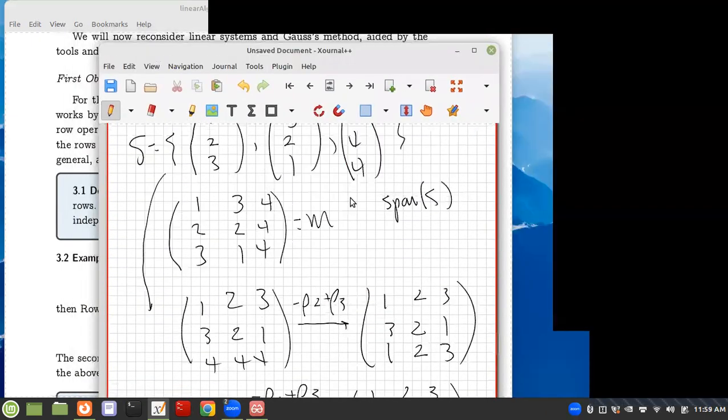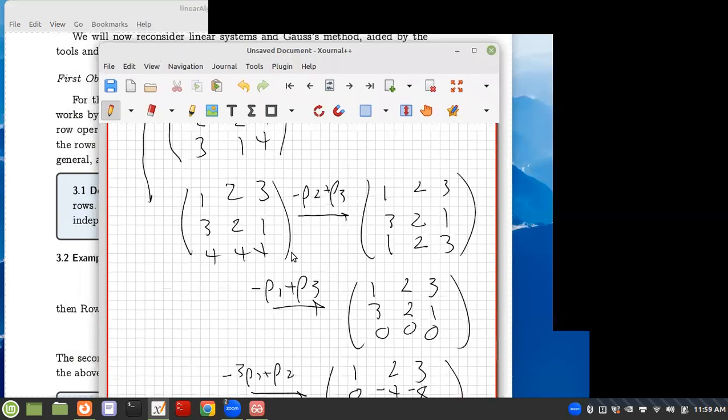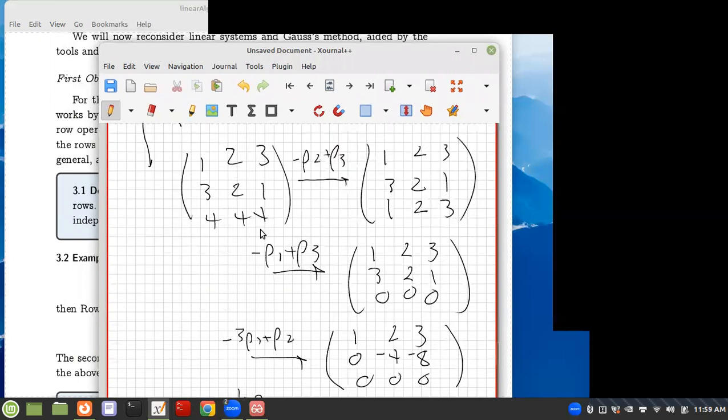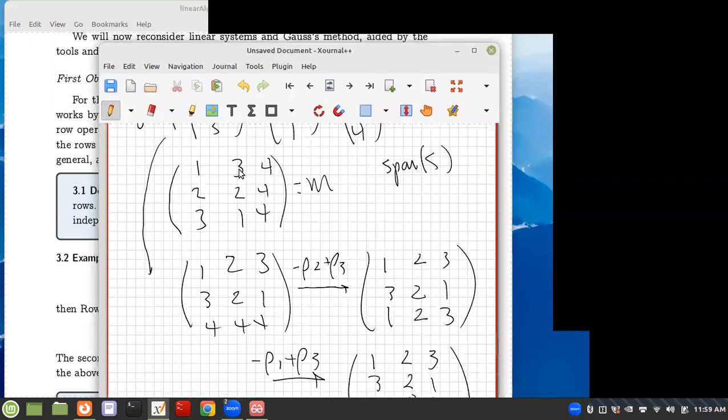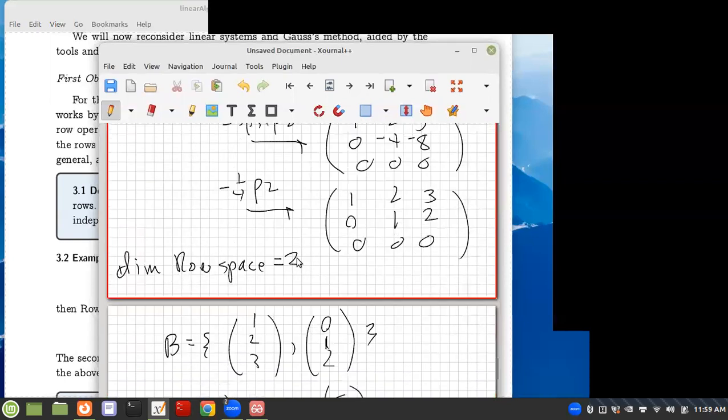So this matrix here, 1, 2, 3, 3, 2, 1, 2, 4, 4, has 2 linearly independent rows. So the dimension of row space here equals 2, not 3, because it's spanned by these 2 vectors. I have this 3 by 3 matrix, and it has a row space. That row space has a basis, and the number of vectors in the basis is the dimension. So here the dimension is 2.